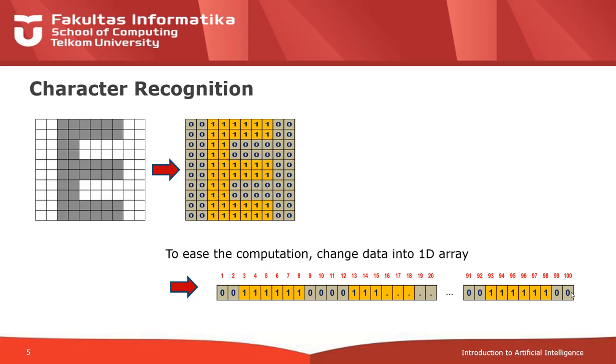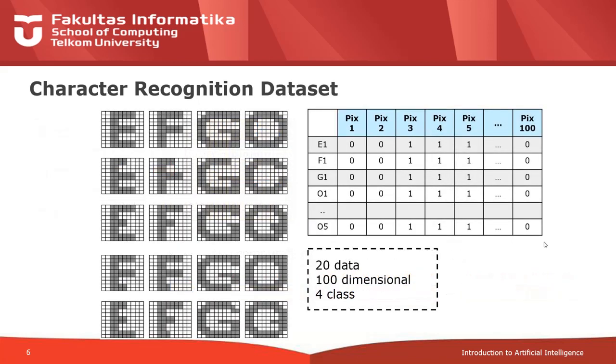So now we have samples with 100 input attributes. So how do we manage this in a character recognition dataset? As you can see, we have 20 data samples in the training dataset.